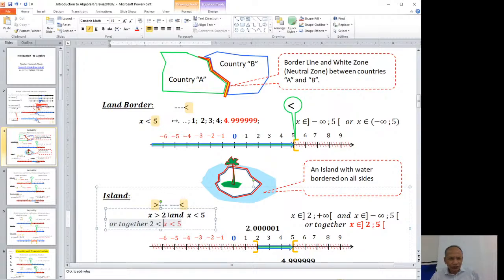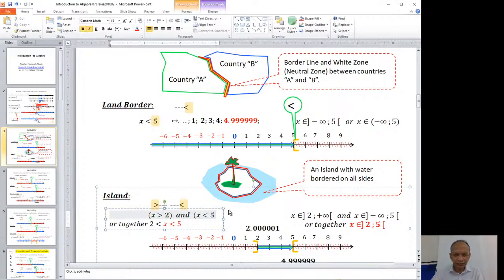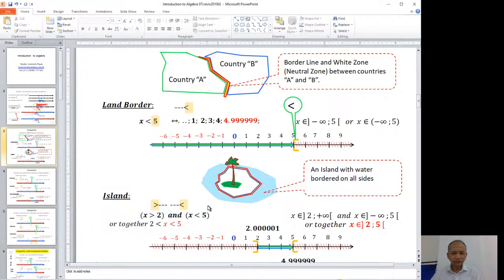This is two expressions. One is x bigger than 2, and the other is x smaller than 5.